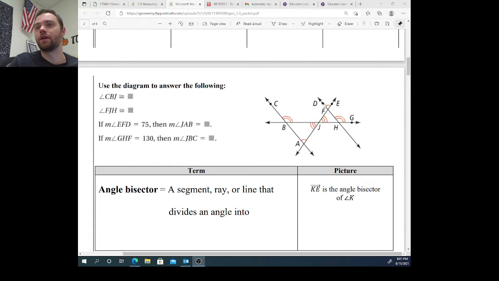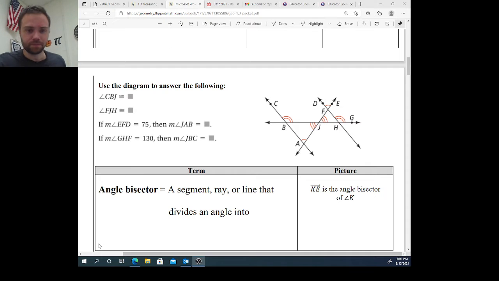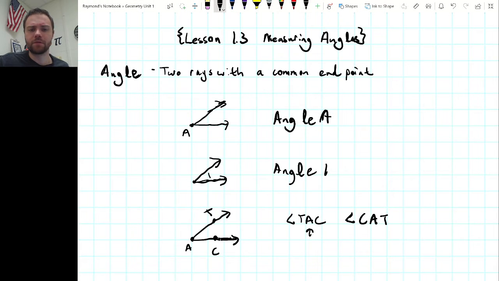Same thing going on here. I've got another angle here, DFJ. I've got EFH. So you've got several angles going on, and it's easier to kind of keep track of what you're doing if you know the different ways to label some of whatever geometric figure you're dealing with. So if I come back here, we're going to go over some more definitions.